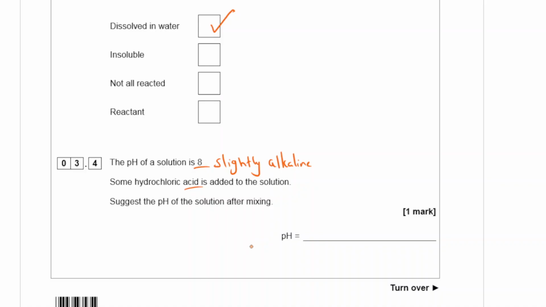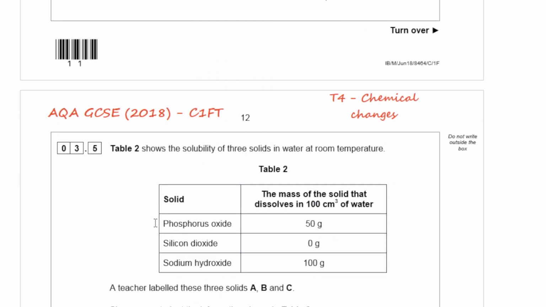So your answer could be anything from 0 to less than 8, right? So you can say 7.5 as well. So that's why I'm not saying 7. So let's say 7, because they are adding some hydrochloric acid.